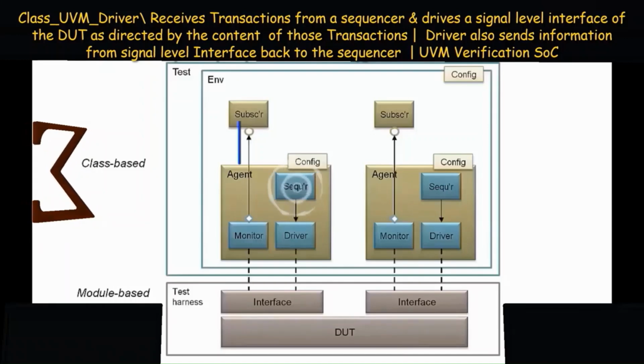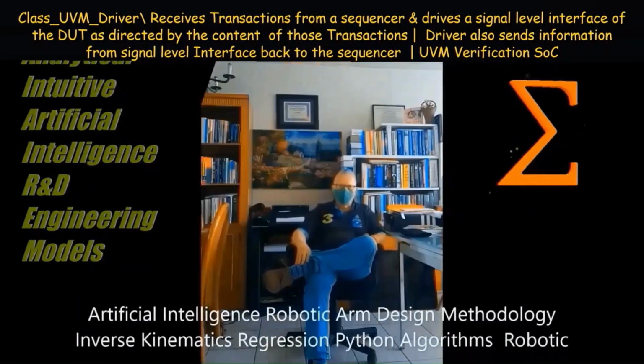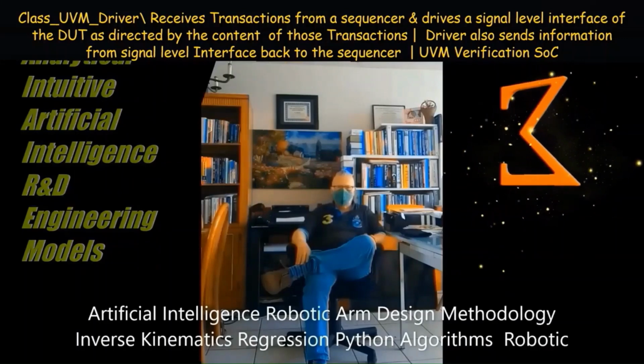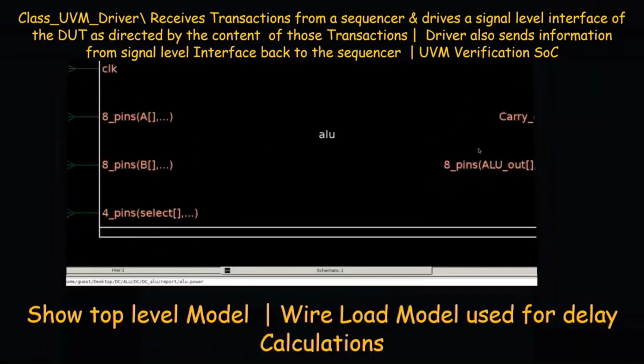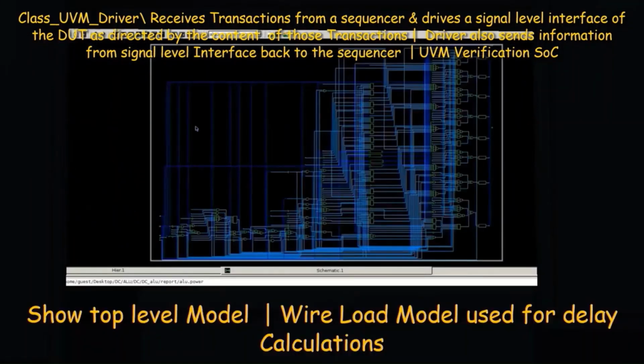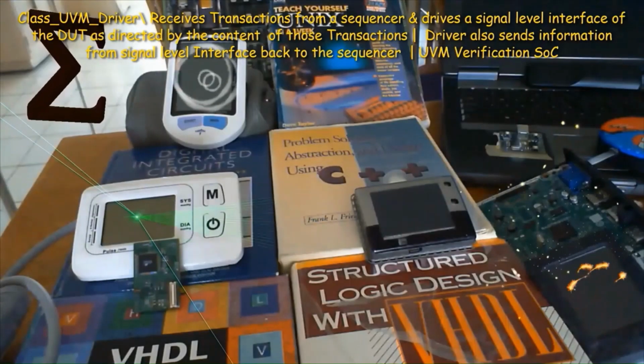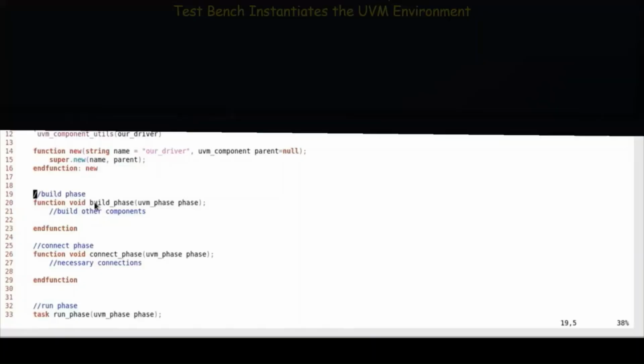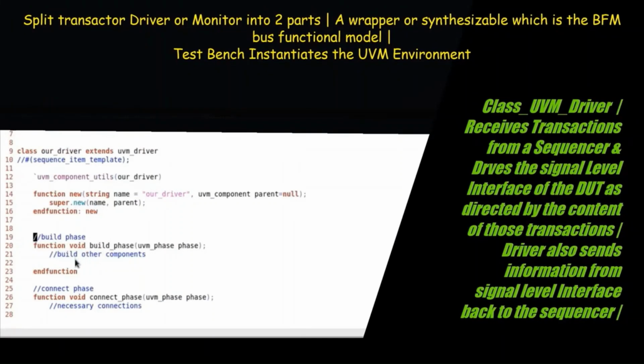Split transactors. So the objective is to move as much of the UVM test bench code onto the accelerator or the emulator box in order to speed up simulation.